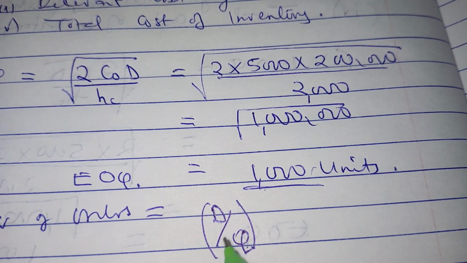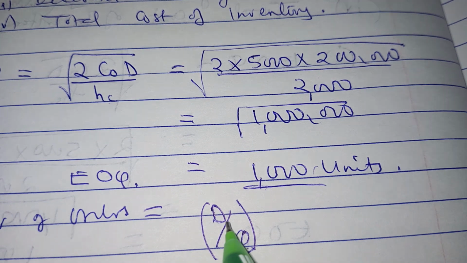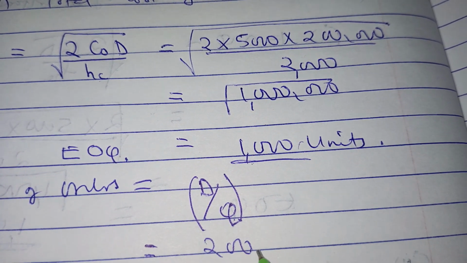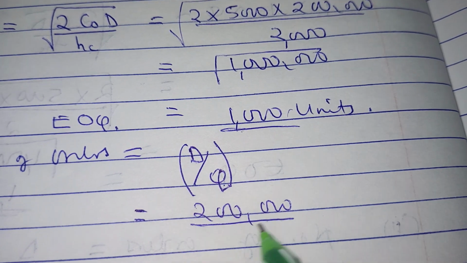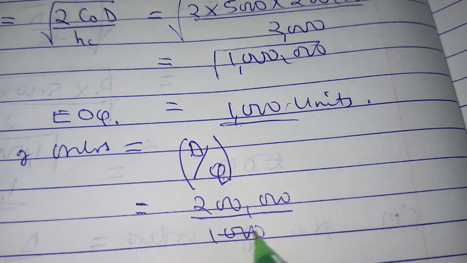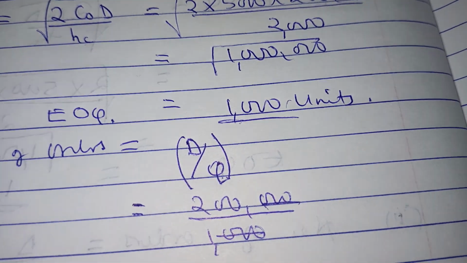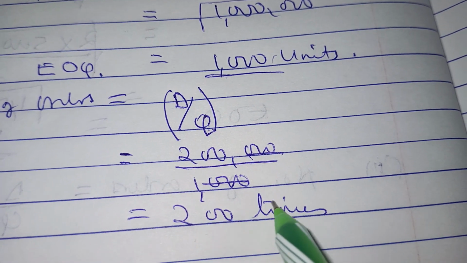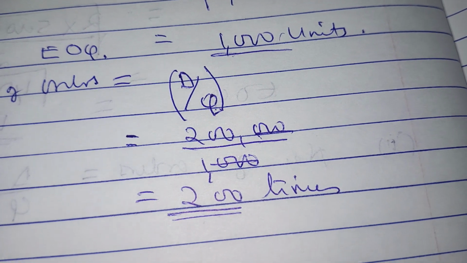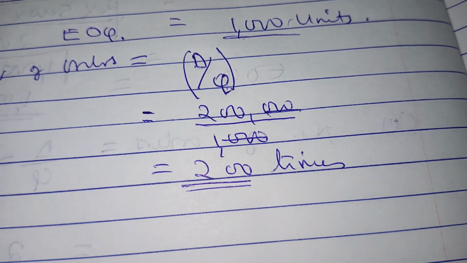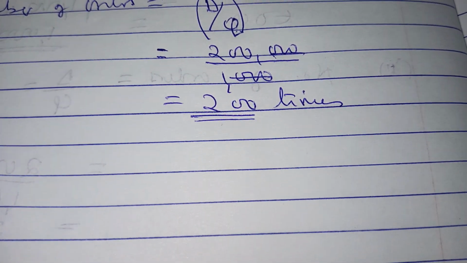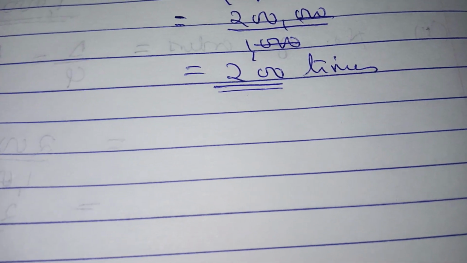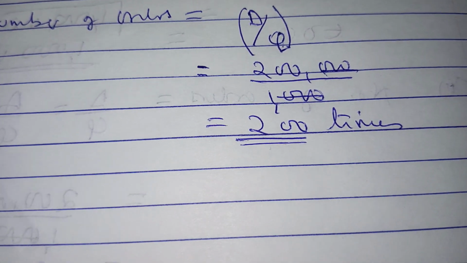That is annual demand divided by the EOQ, therefore 200,000 divided by 1,000 units, and you must order 200 times. The number of orders has become 200 times.